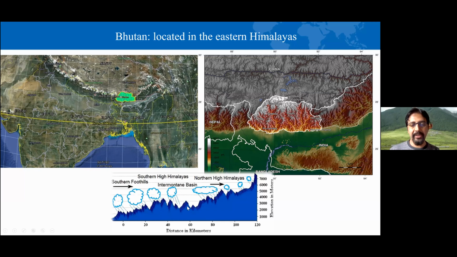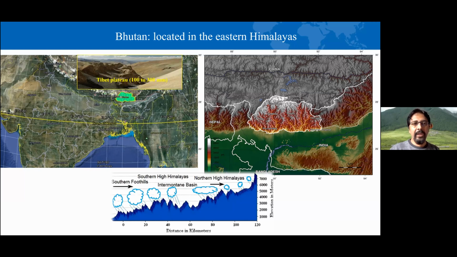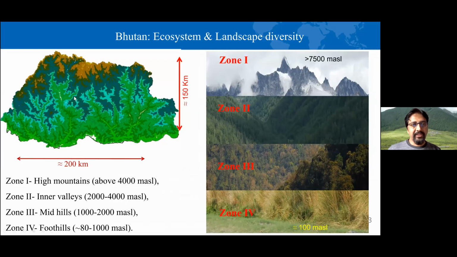We do not have any plain areas. In the southern border, it is about 100 to 80 meters above sea level, and we go up to more than 7,500 meters above sea level. Bhutan's forest is divided into 4 zones. Zone 1, 4,000 to 7,500 meters, has different types of little forest above the tree line.